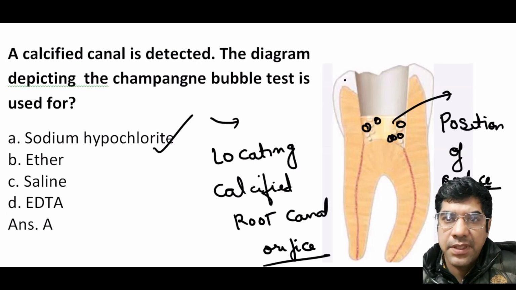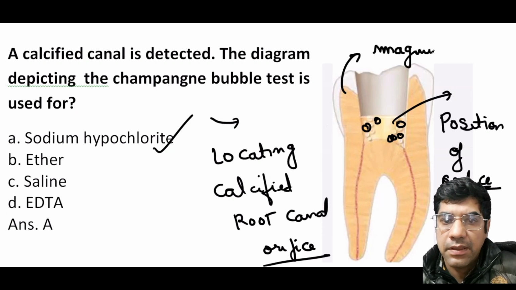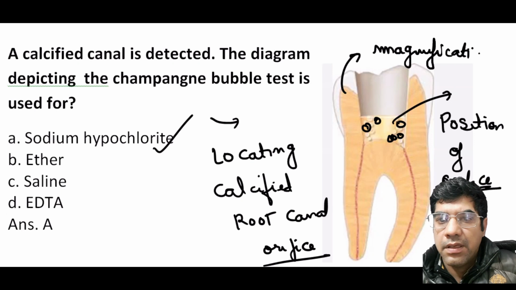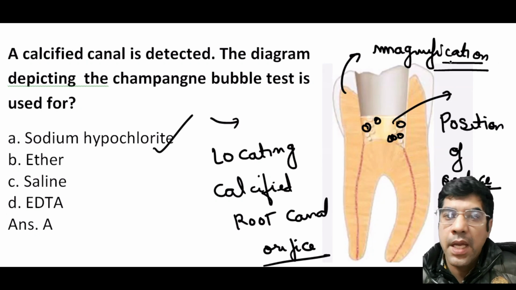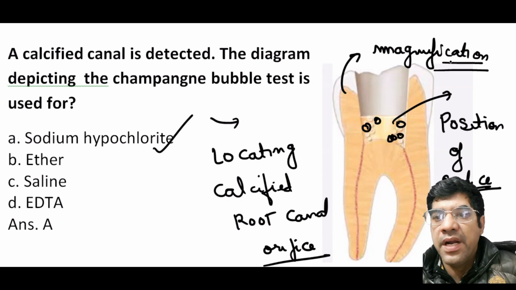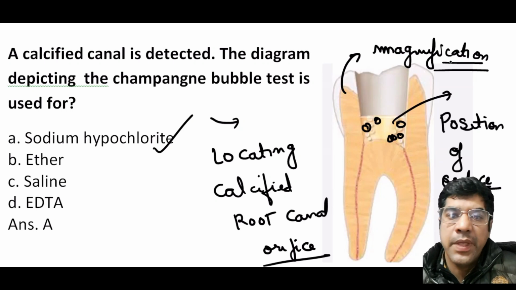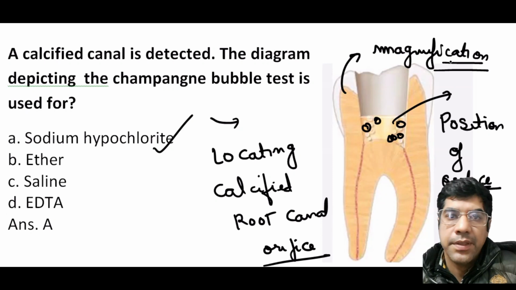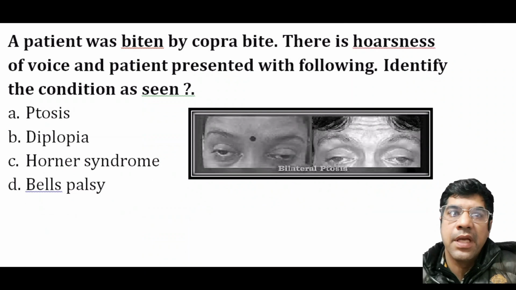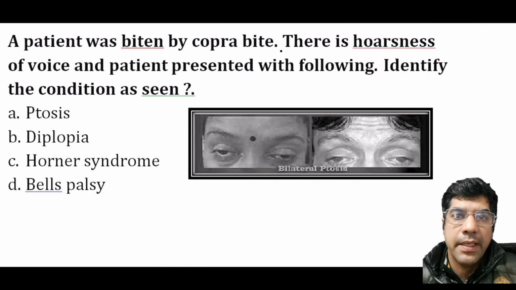Remember, it is best seen under magnification. Therefore, the champagne bubble test with sodium hypochlorite is a technique that is used to identify the location of the calcified canal orifice during the endodontic procedure. That's your answer.